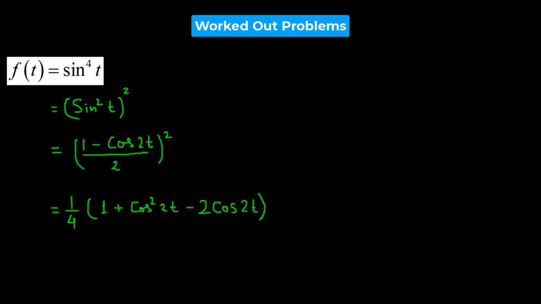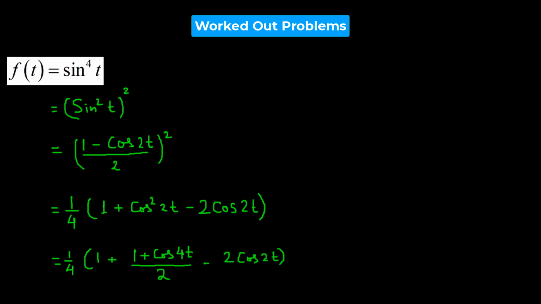Now we can again change cosine squared of 2t by the identity (1 plus cosine of, since this is 2t, so that will be double of it, 4t) divided by 2, minus 2 times cosine of 2t.